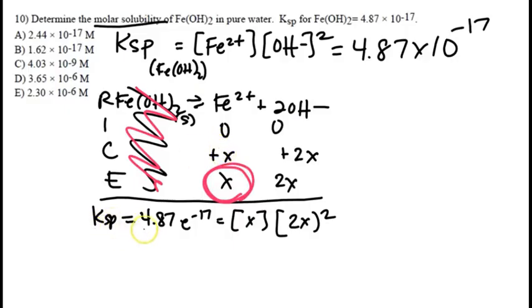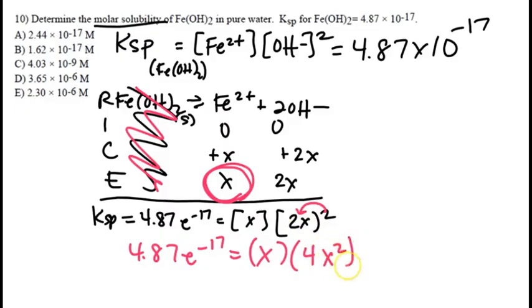Now we take our Ksp expression, which is equal to 4.87 times 10 to the negative 17, and also equal to our X times our 2X squared. Again, just plugging in our values here. Now, what we need to do is consolidate our variables. We're going to have 4.87 times 10 to the negative 17. We're going to have X, and then this 2 is going to square this 2 here, so it's going to be X times 4, and then this 2 is going to be squaring the X here.